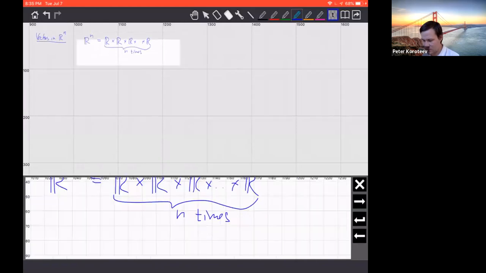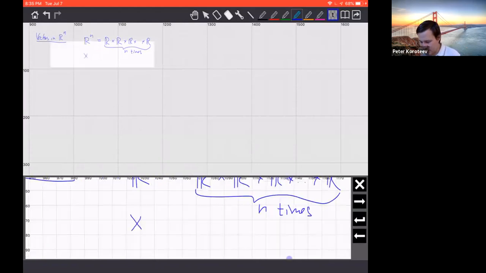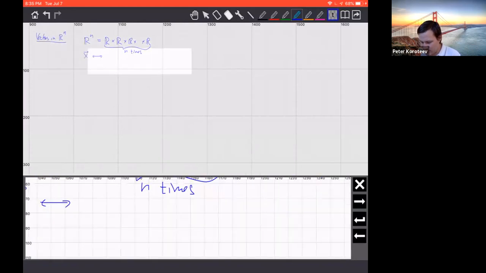What it means is you simply take all possible points from each of those R's and combine them together in an ordered tuple. So vector X here corresponds to the ordered tuple X1, X2, X3, and so on, Xn.